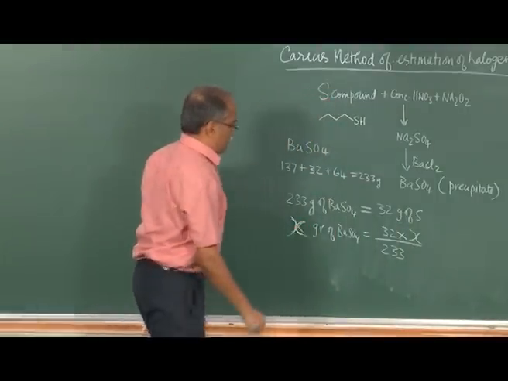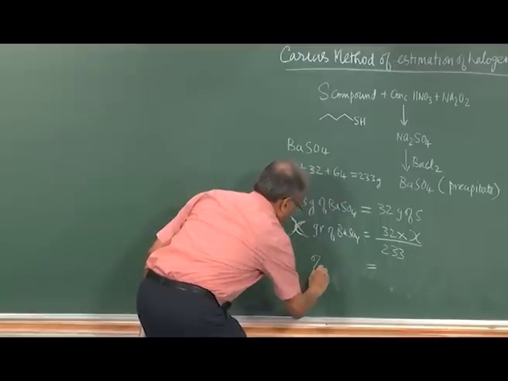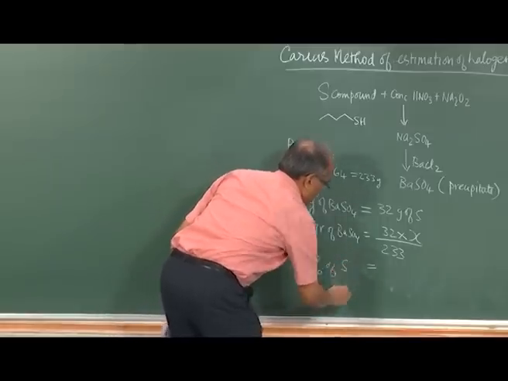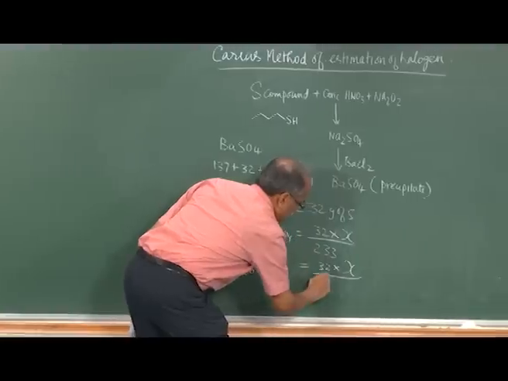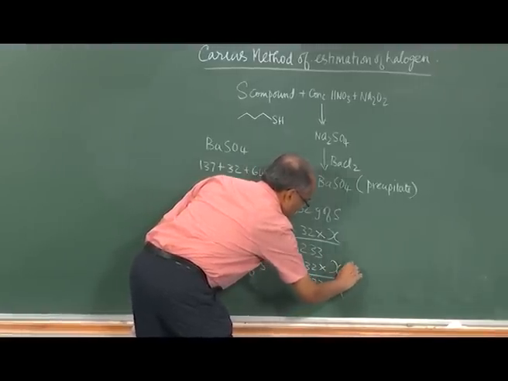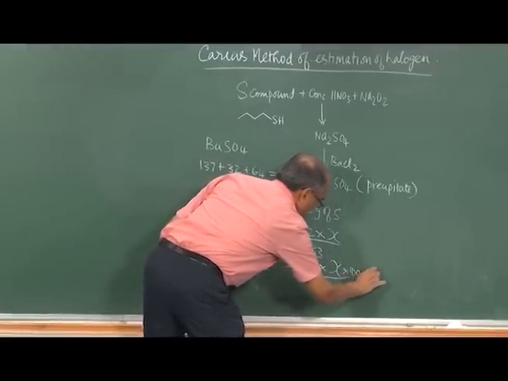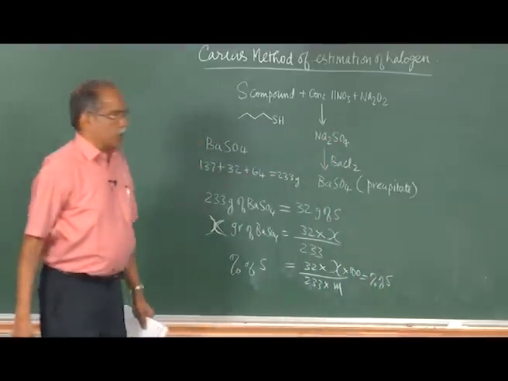This is coming from a known weight of the organic compound M. So, the percentage of sulfur would be equal to 32 multiplied by x divided by 233 from known mass M. So, for 100 grams how much will it be? So, that will be the percentage of sulfur present in the organic compound.